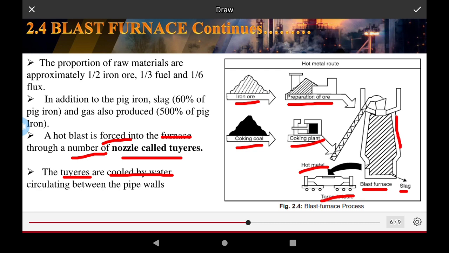This column is made of mild steel. The upper part and lower part have slag going out and hot metal going out. This structure is known as the blast furnace process.